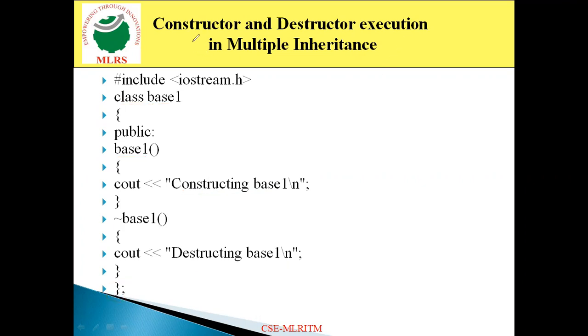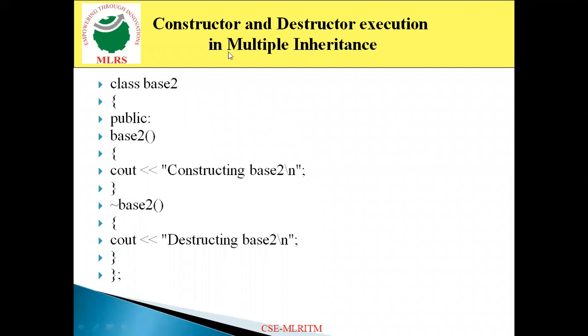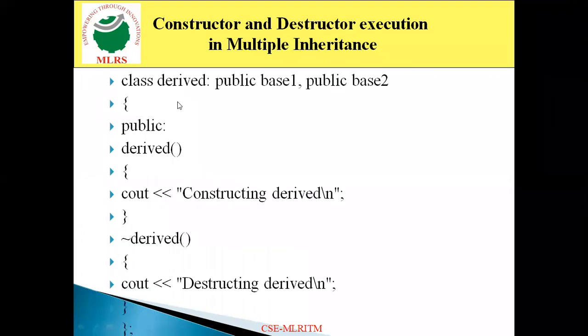Then after closing the class, I specify the next base class, class Base2. Here again I define the Base2 constructor, which displays "constructing Base2", and the Base2 destructor, which displays "destructing Base2". Then close the class. Now two base classes are completed. Then come to the derived class.